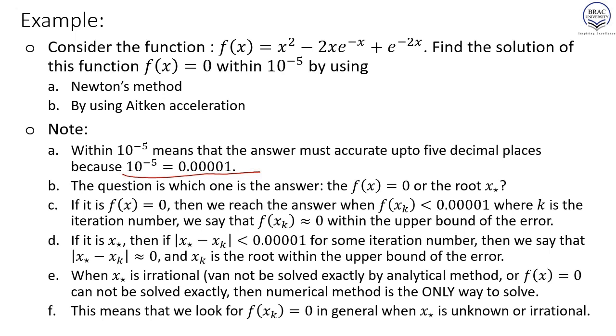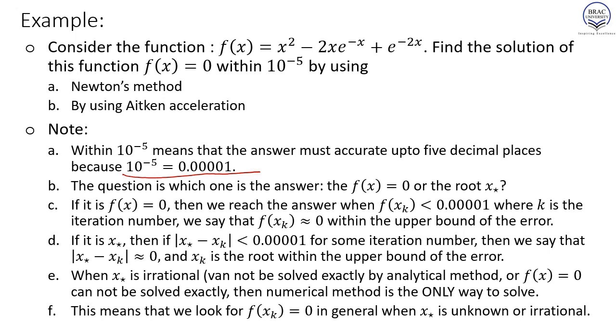Or with respect to the root x star and our iterated value xk, the difference between these two is less than 10 to the minus 5. Which one? Because these two may not be within the bound simultaneously. It is usually not the case.